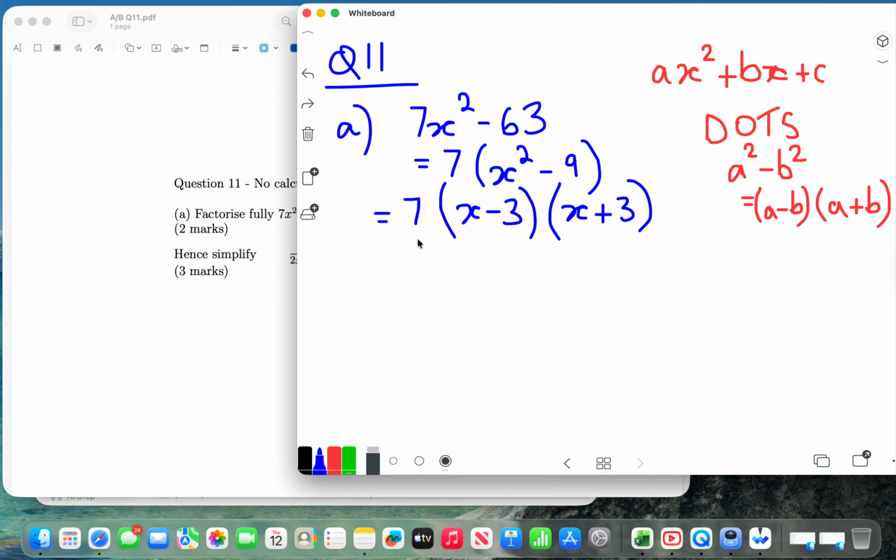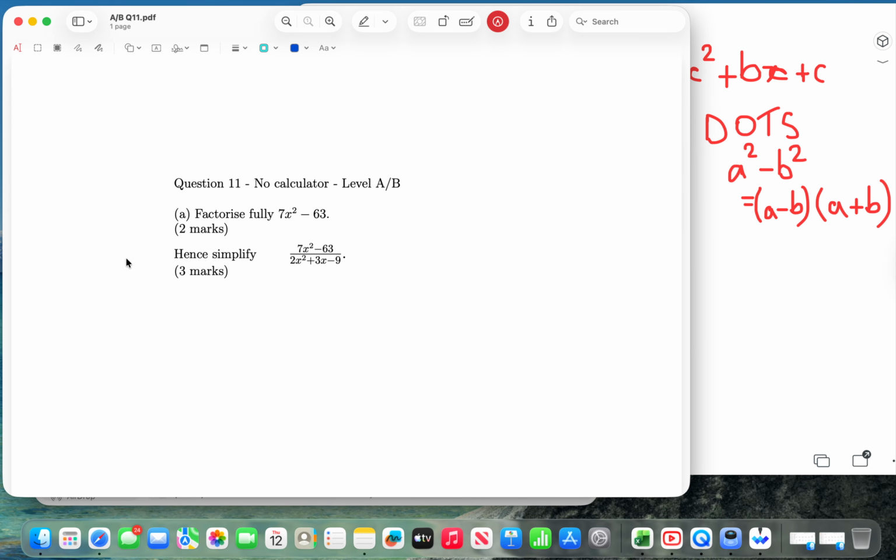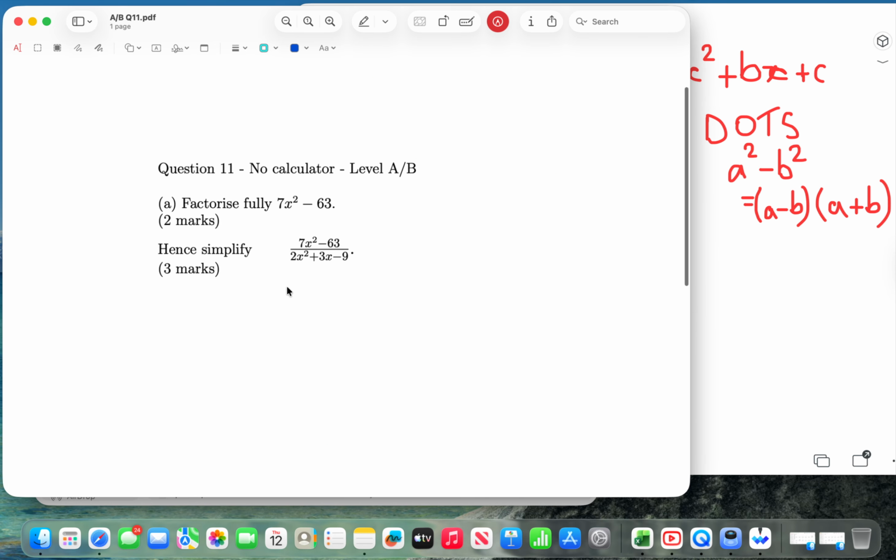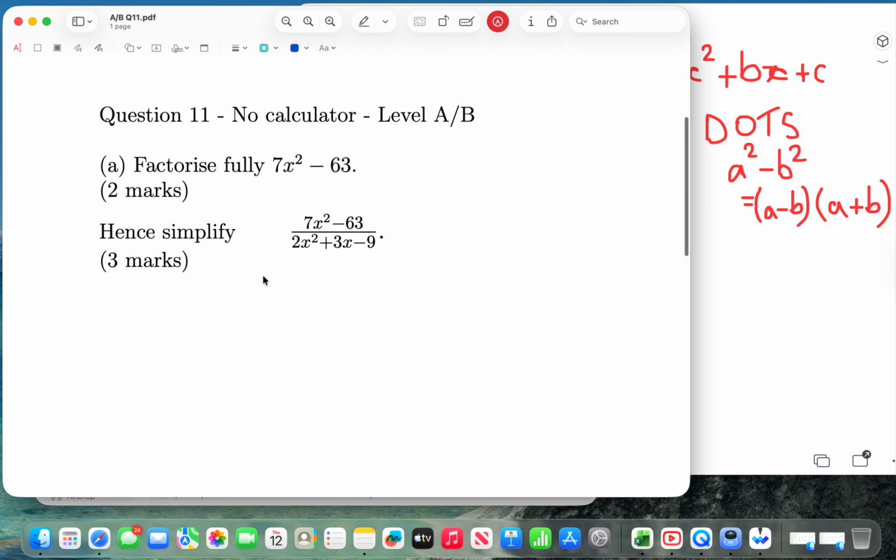the first section. The second section says hence simplify. So we know that we have to use the solution to part A, and it will come in useful. So we have to simplify this.